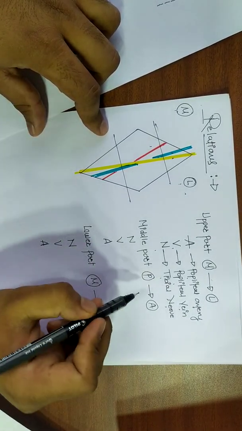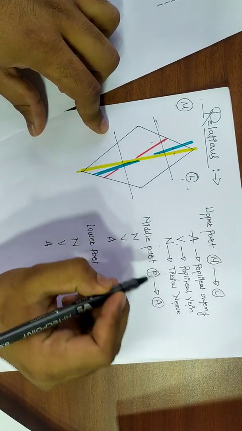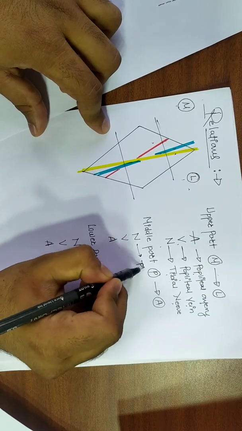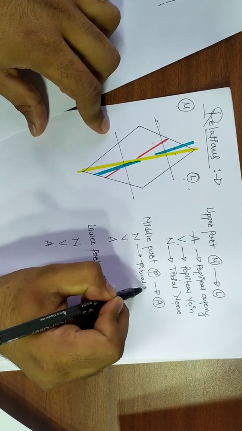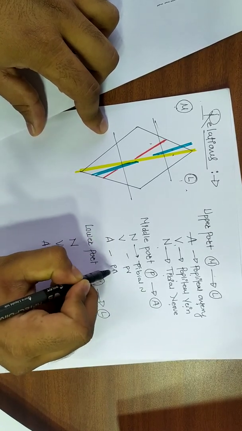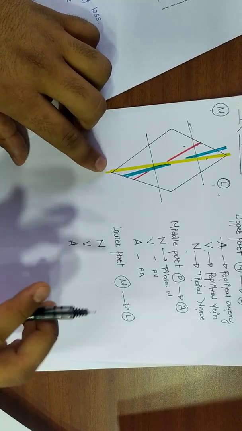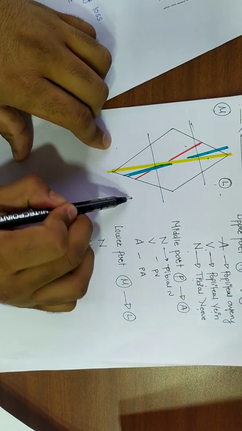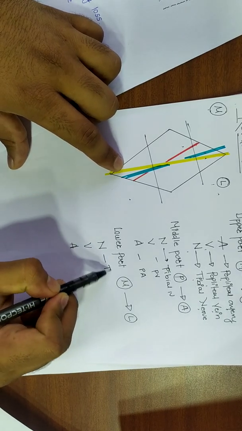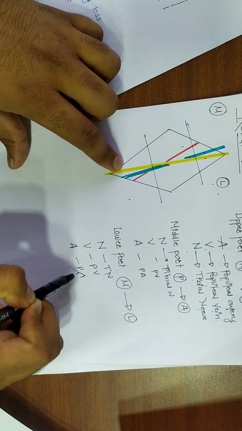In the middle part, from posterior to anterior, the relation is tibial nerve, popliteal vein, and popliteal artery. In the lower part, from medial to lateral, there is the tibial nerve, popliteal vein, and popliteal artery.